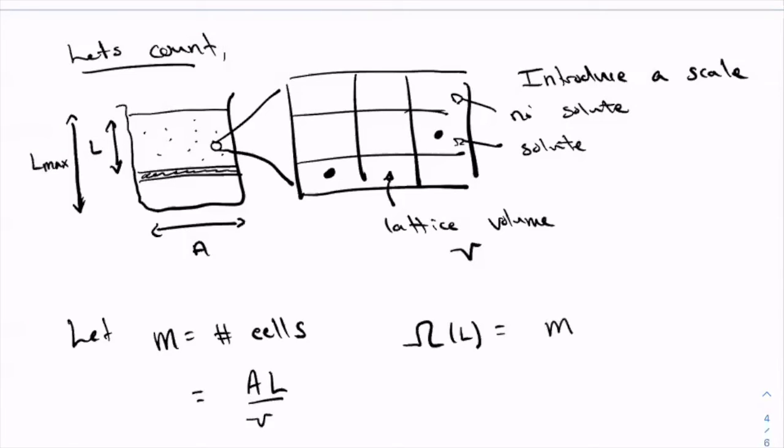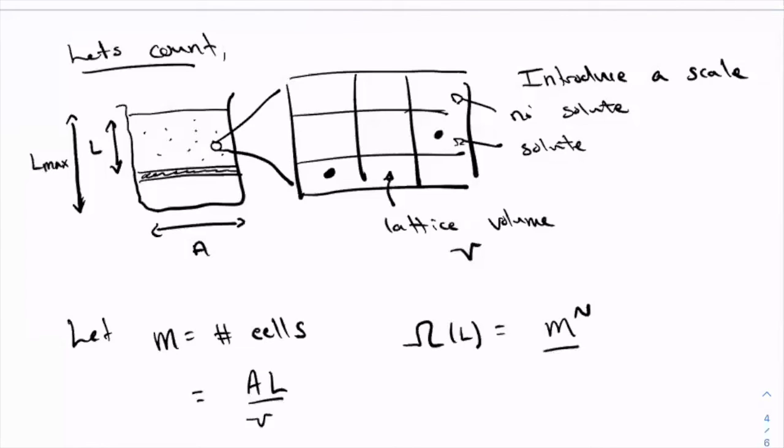Well, that's M different ways. If I have N particles to put in those M boxes, well, if the solution is dilute, I can put the first one in M boxes to a good approximation. I can also put the second in M boxes. So that's M to the N.